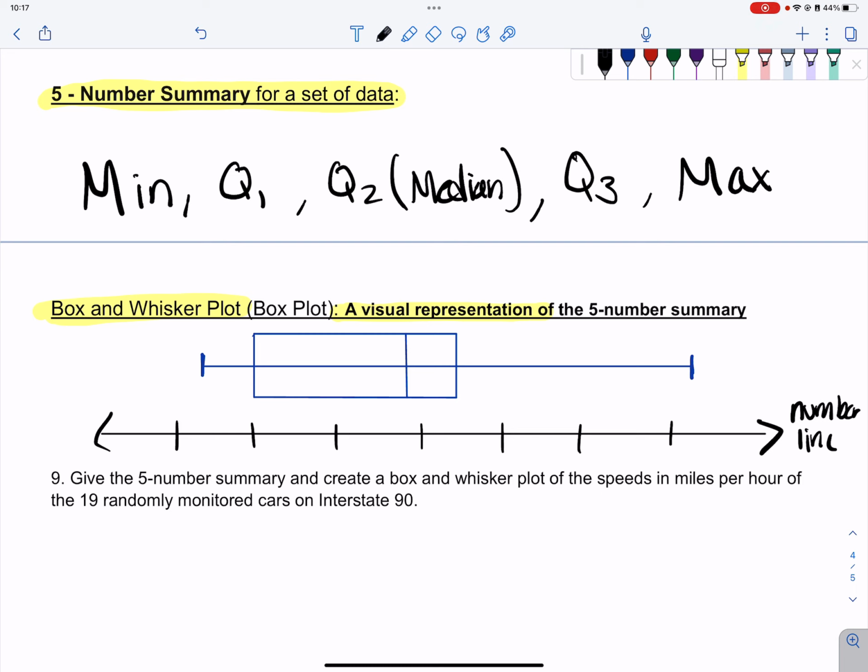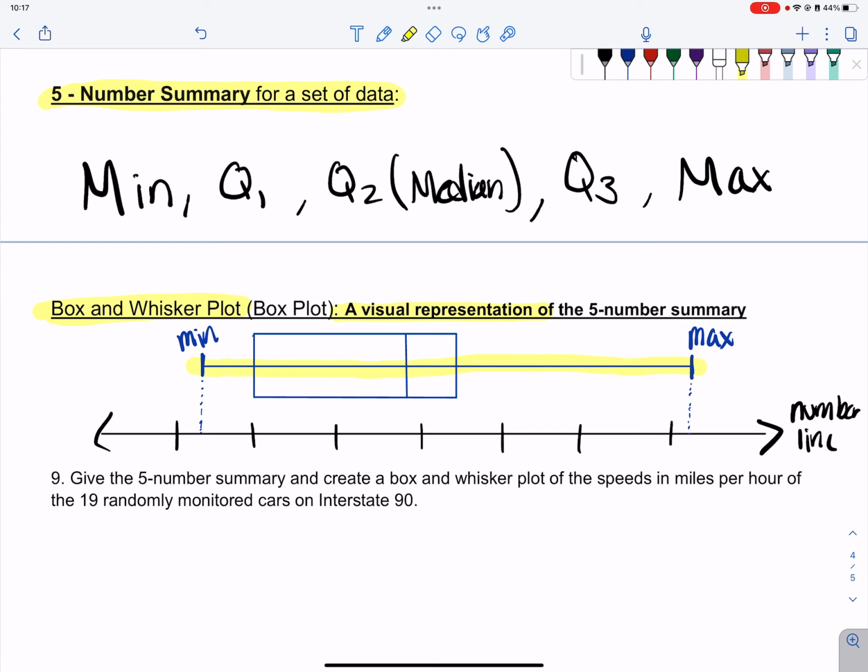But we have this line going through, and this is what's called the whisker of this. And the left edge is the minimum value of the data set, and the right edge is corresponding to the maximum value of the data set. And these are the values that they would correspond to when we draw it down onto the number line. And then within this, we have this box.